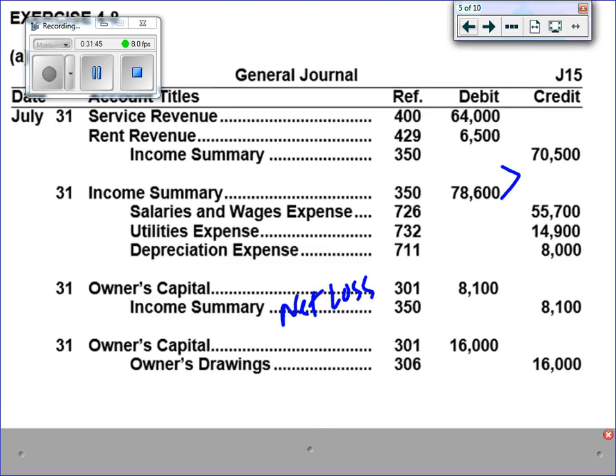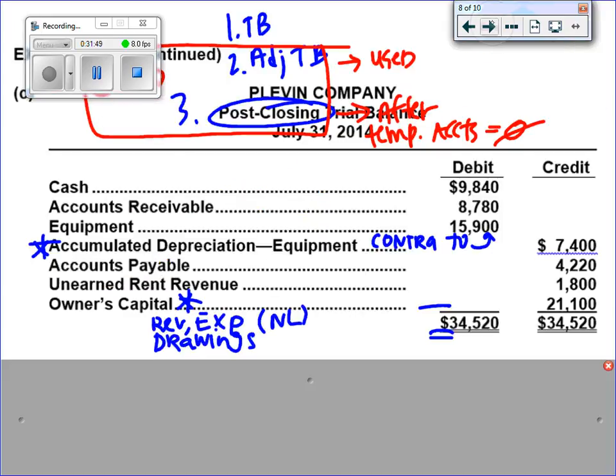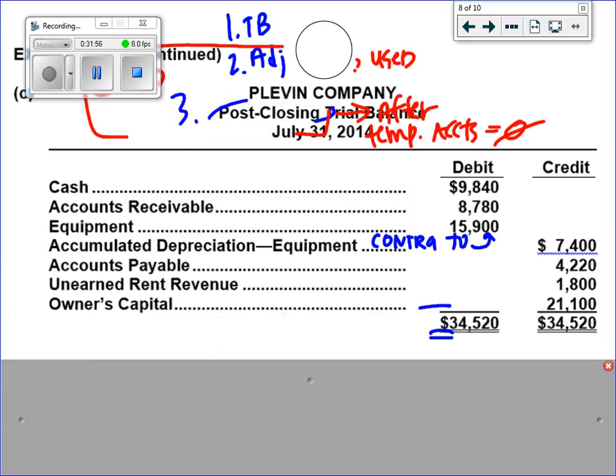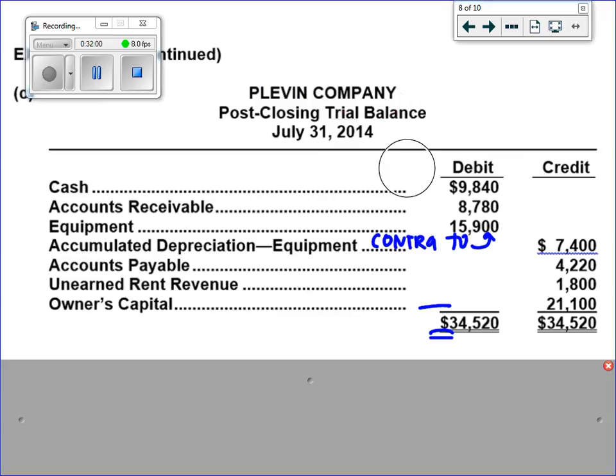Speaking of, I want you to try to do your post-closing trial balance by yourself. I will leave this here.